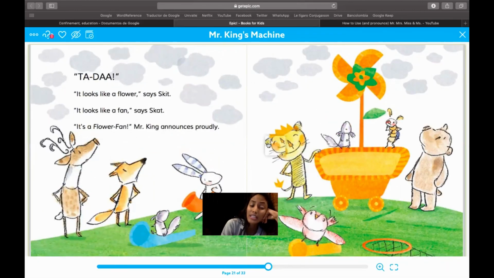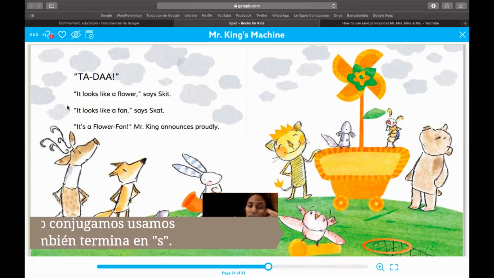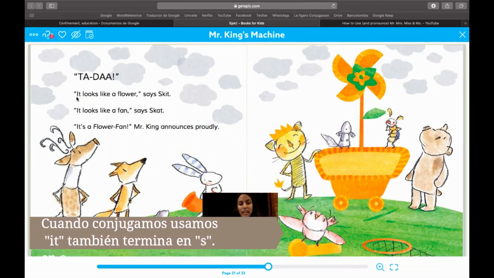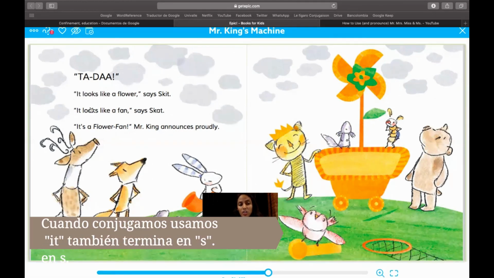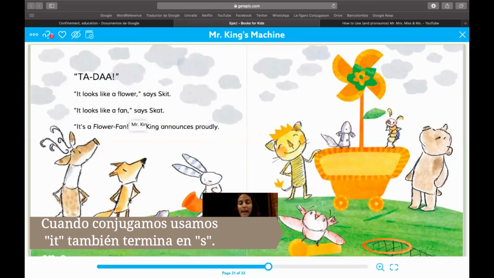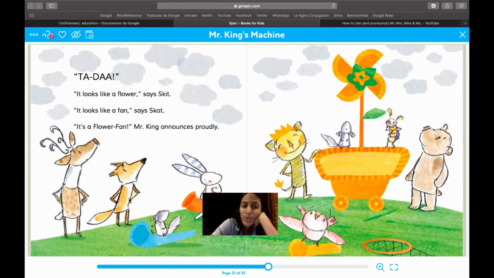Ta-da! It looks like a flower, says Kit. It looks like a flower. So pay attention. This person, it. You also use S. It looks like a flower, says Kit. It looks like a fan.